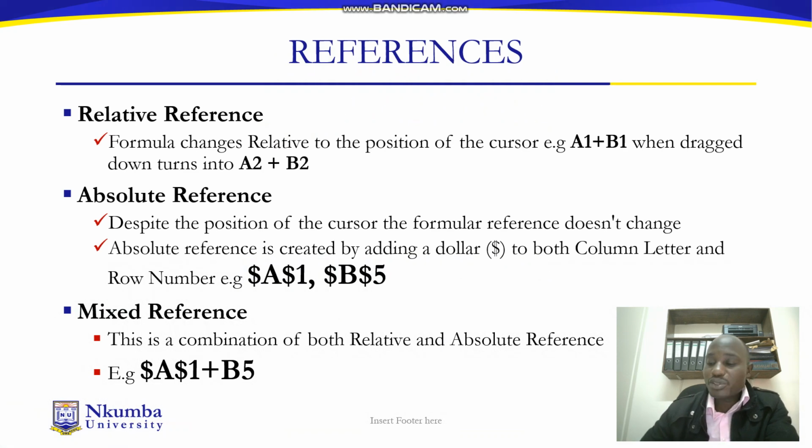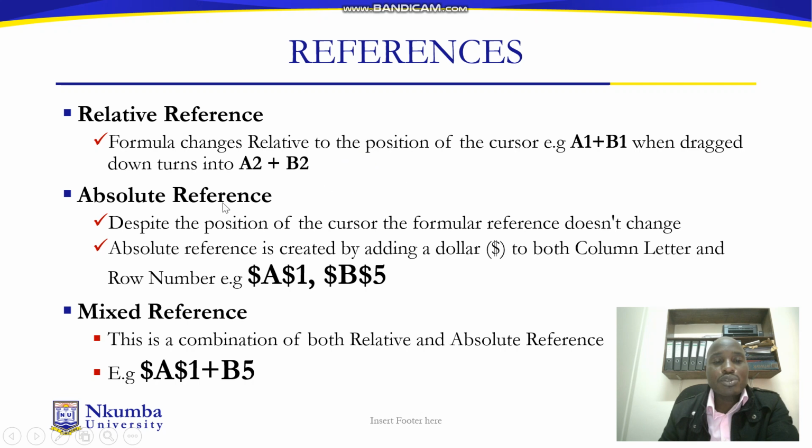We talked about, in our physical class, relative referencing, absolute referencing, and mixed referencing. And we said our formulas are based on these three types of referencing. When we understand this, then we are good to go for formulas. Relative referencing means the formula will keep changing as much as we change the position of the cursor.